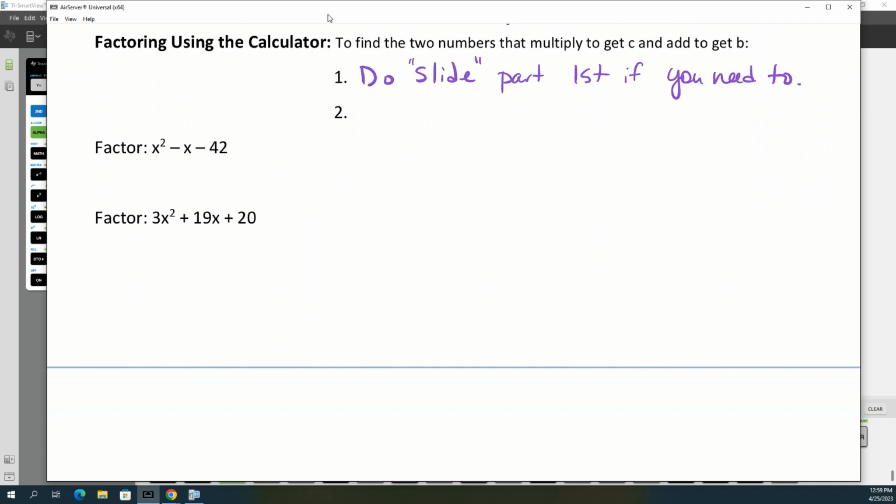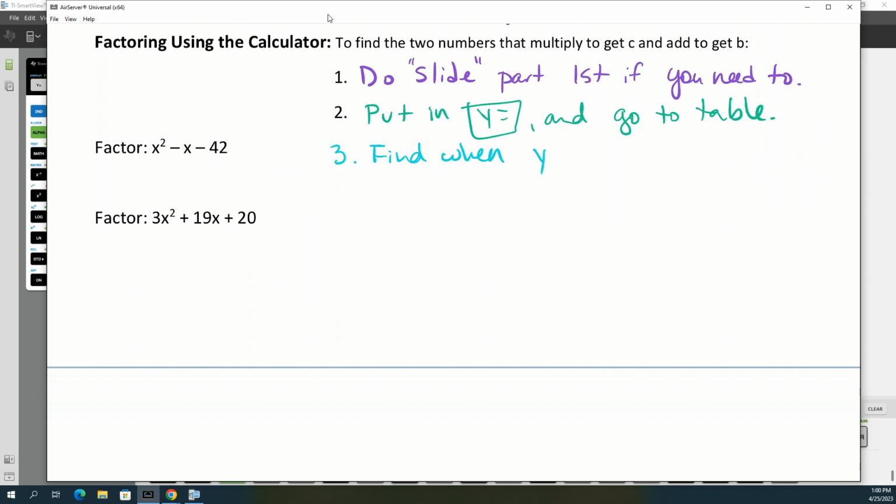And then you're going to put into y equals and go to the table. I should have a step 3 on here. All right, you want to find when y equals 0 and use the opposite.